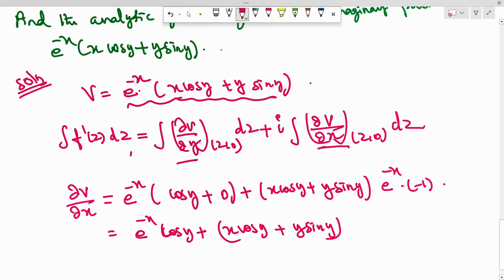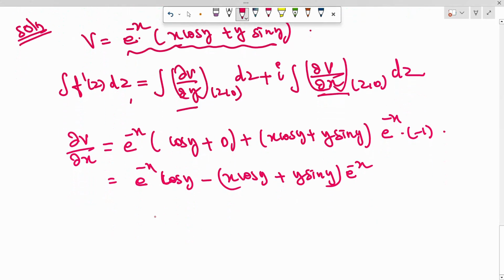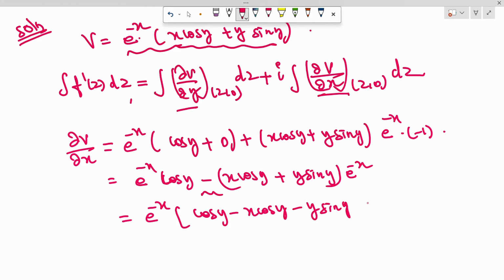Here we can write the negative sign, minus of e power minus x. In the two terms e power minus x common, we can take outside e power minus x, which is cos y minus x cos y minus y sin y, because this negative sign is common for both. Okay, from this we can easily calculate dou v by dou x of z comma 0.